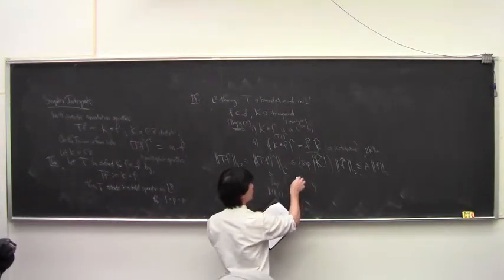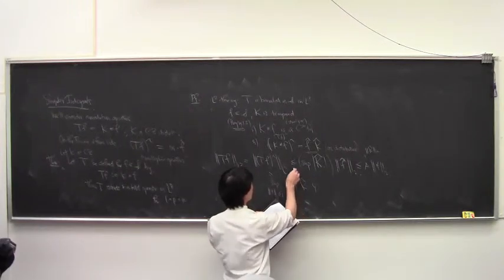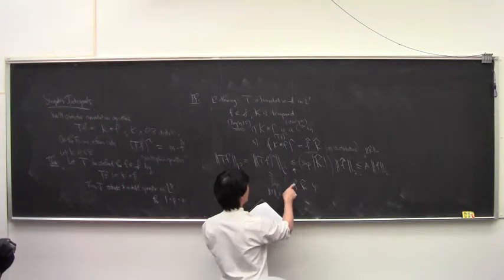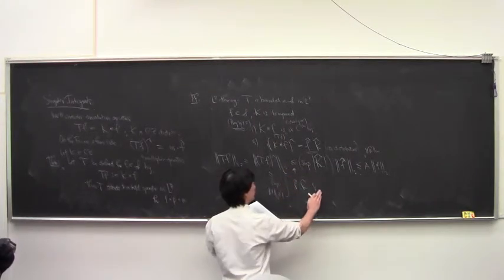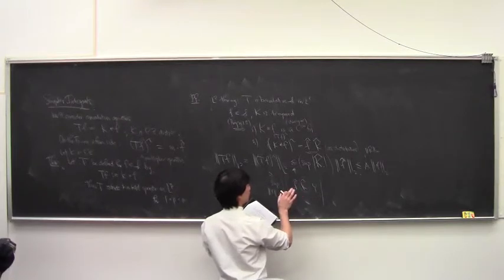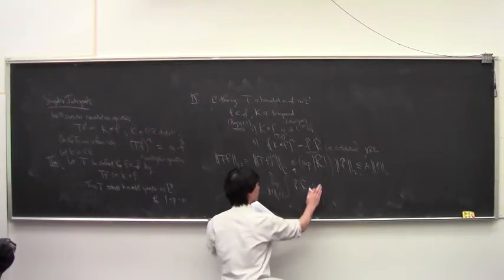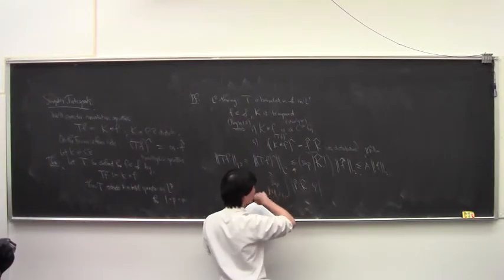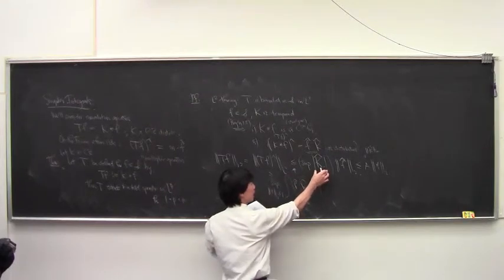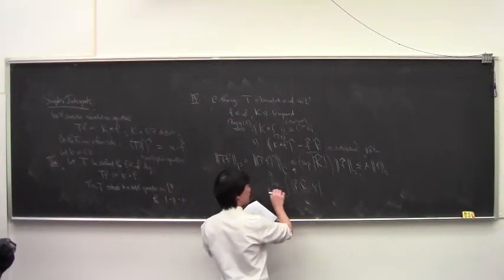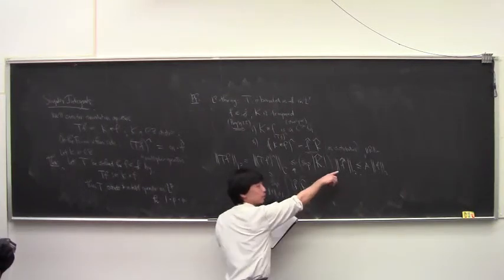So now that gives us this, because this thing here is going to be controlled by the supremum of the absolute value. I'm sorry, this should be absolute values. This thing here is going to be controlled by the L infinity norm of K hat times the supremum of this thing, but that's going to give you the L^2 norm of f hat.